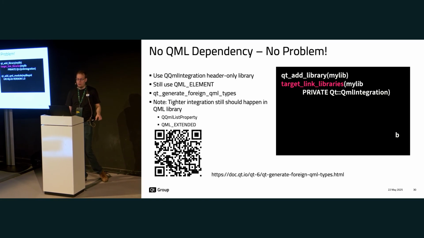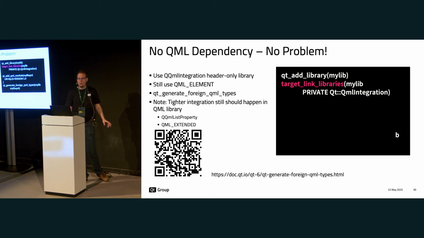You then create your QML module, and then the vital step: you call qt_generate_foreign_qml_types, which will collect all annotated types from your pure non-QML dependent library and add them to your QML module automatically. And that works for any basic type.